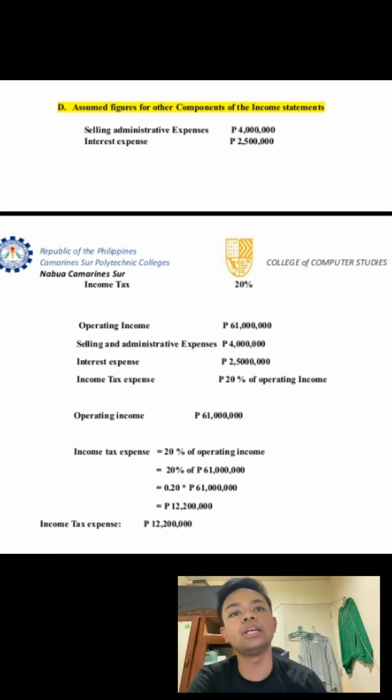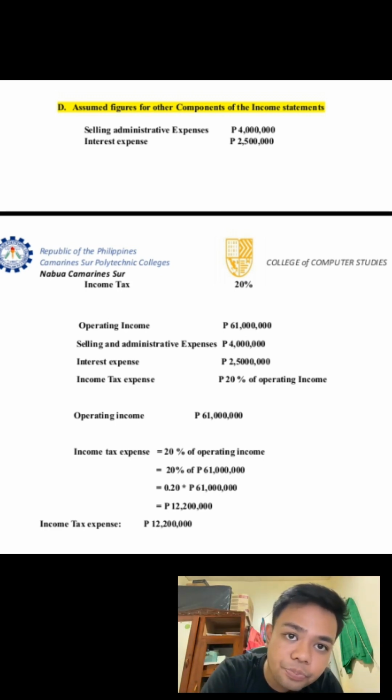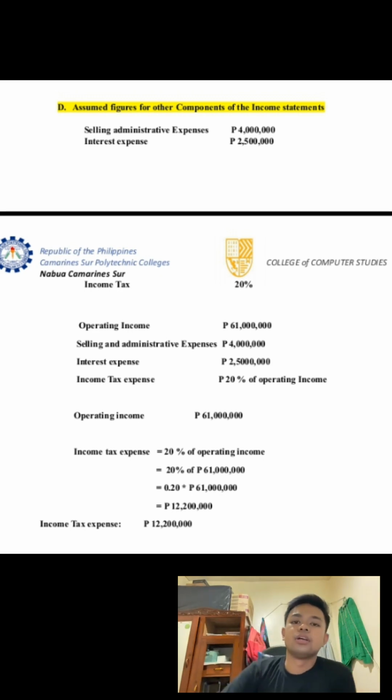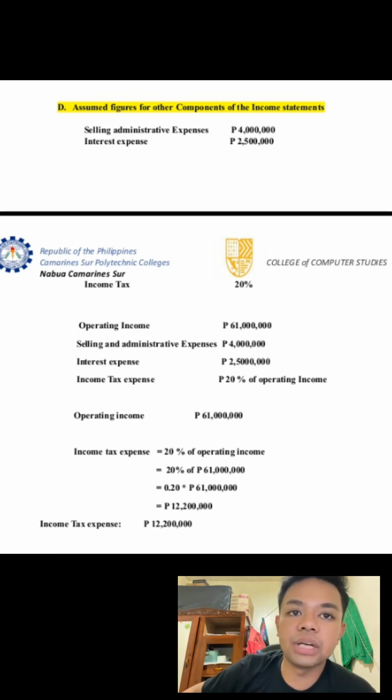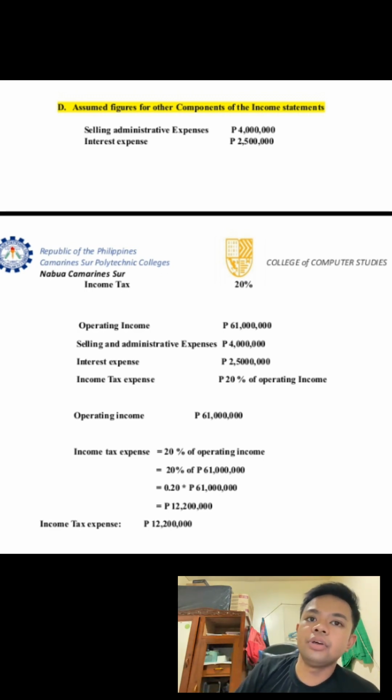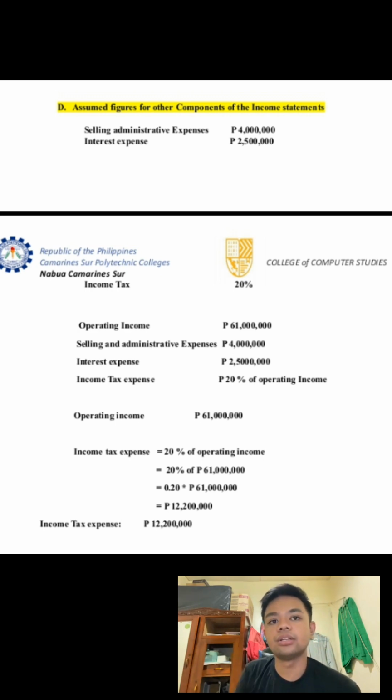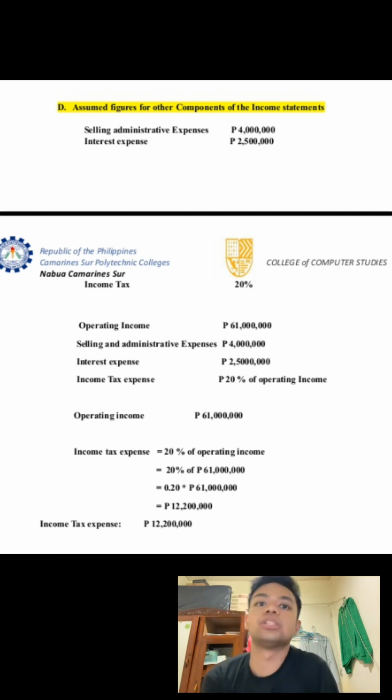Given that the operating income would be 61 million pesos, we would move on by computing the income tax expense. How do we get the income tax expense? To get the income tax expense, we need to calculate 20% of the operating income, so that will be 20% of the 61 million pesos.